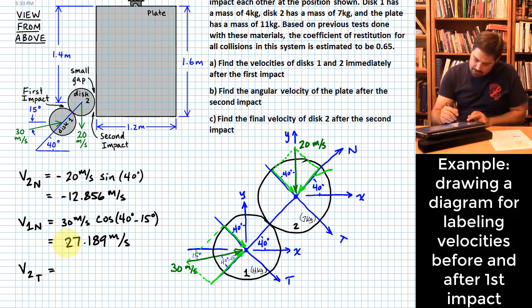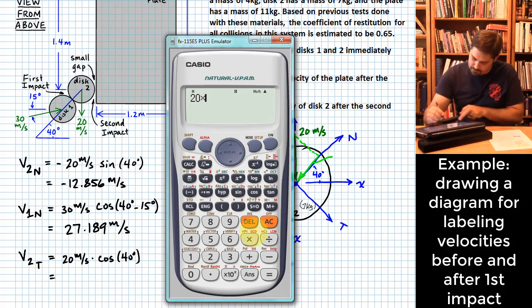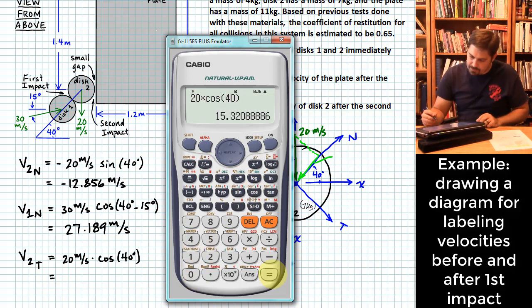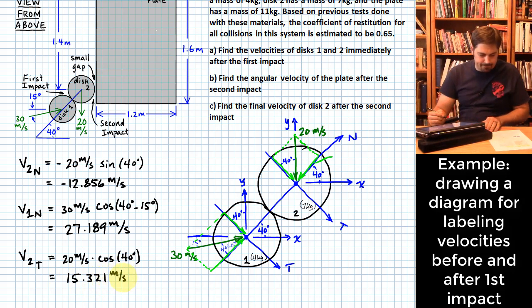For that, that's going to be in the positive direction according to that t, times the cosine of 40 degrees, which gives me 15.321 meters per second.